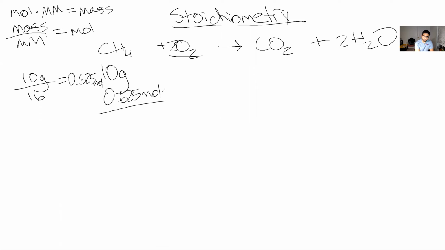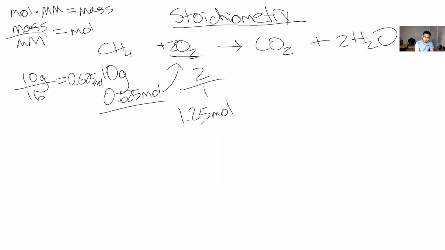If I want to get to oxygen, I multiply by what I want, which is oxygen, and it has a coefficient of 2, over what I have, and CH4 has a coefficient of 1. So I multiply by 2 over 1. 0.625 multiplied by 2 over 1, or just 2, is 1.25. So 1.25 moles of oxygen gas is how much I need.